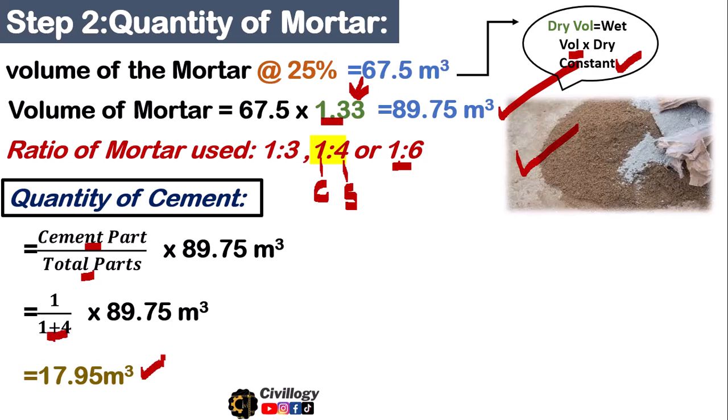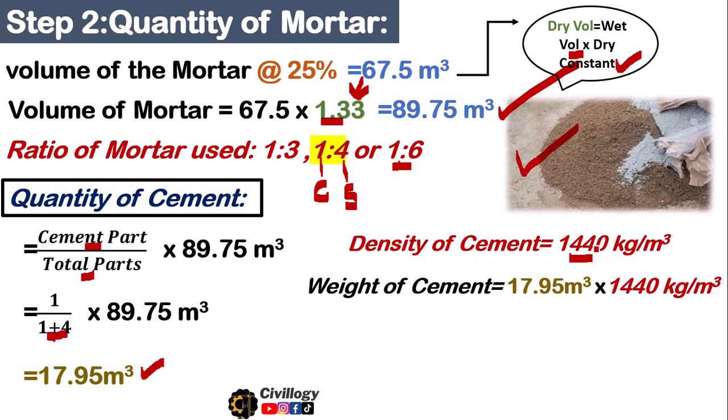As we already know, cement is not available in cubic meters, whereas it is available in number of bags. To calculate the number of bags, you must know the density of the cement. To get the weight of the cement, we multiply this volume by the density of the cement. We get the weight of the cement, which is 25848 kgs.